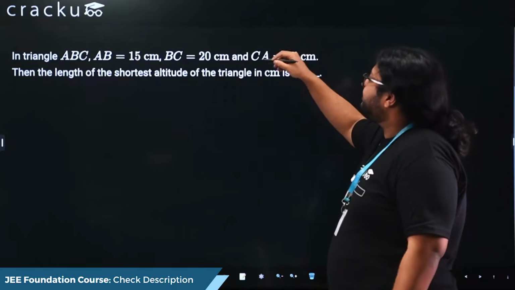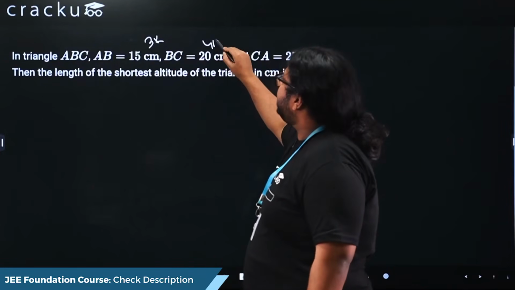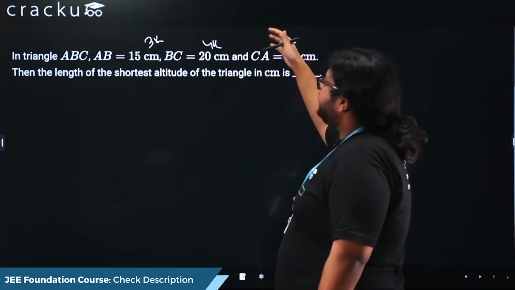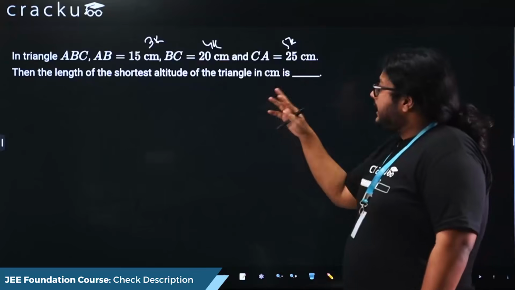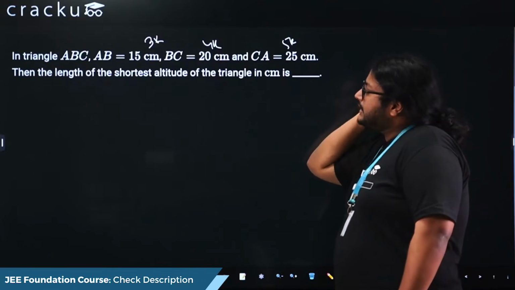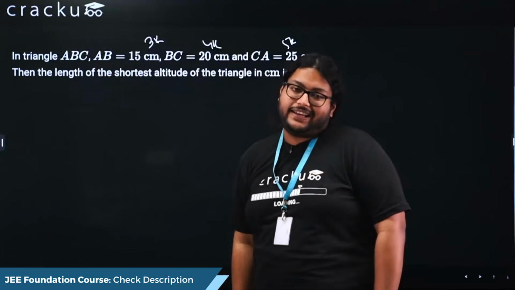Because this is 3k, this is 4k, and this is 5k, and 3, 4, 5 is the smallest Pythagorean triplet. So AB, BC, CA are a Pythagorean triplet, which means they form a right angle triangle.